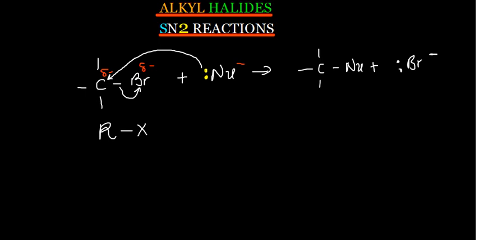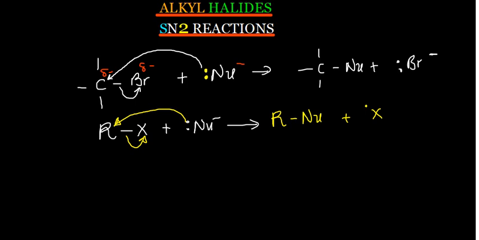This is reacting with a nucleophile, and what is going to form? The lone pair of electrons on the nucleophile attacks the alkyl group, and this bond is going to break, taking the electrons. So we're going to have R now attached to the nucleophile, and X alone with a lone pair and a negative charge.